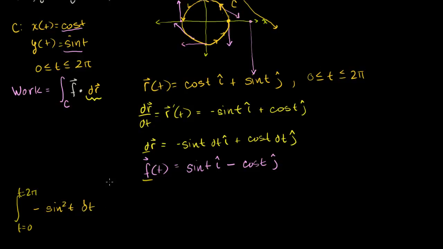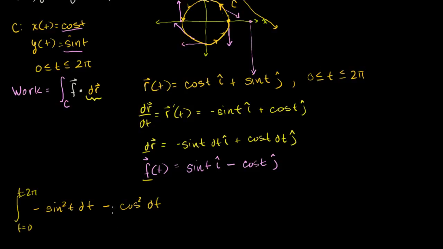And then you're going to add that to, so you're going to have that plus, let me write that dt a little bit better. That was a wacky looking dt. And then you're going to have that plus these two guys multiplied by each other. So that's, well, there's a minus sign here. So plus, let me just change this to a minus cosine squared dt.